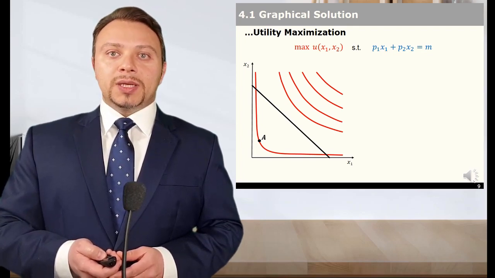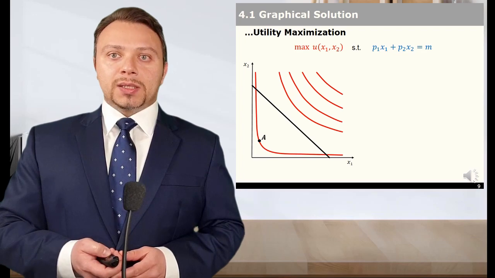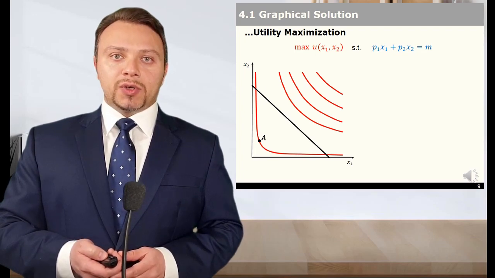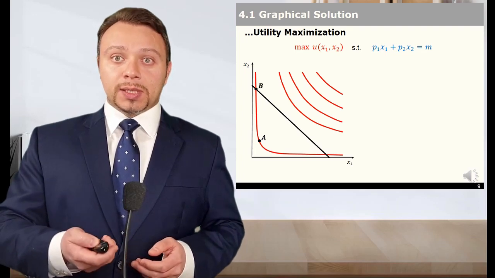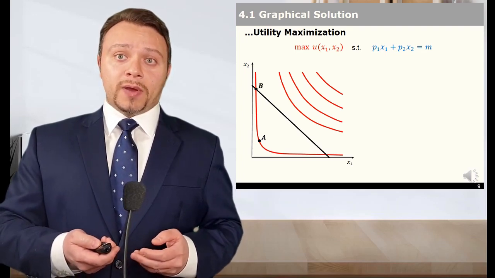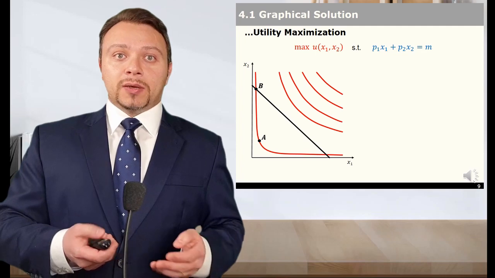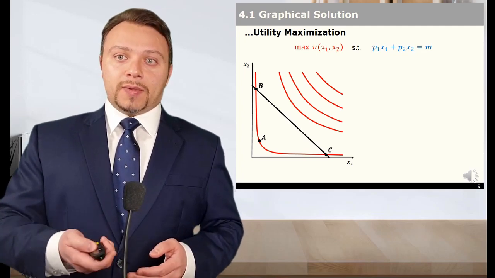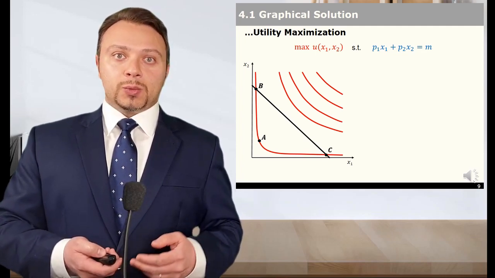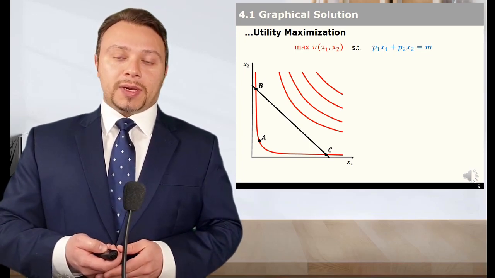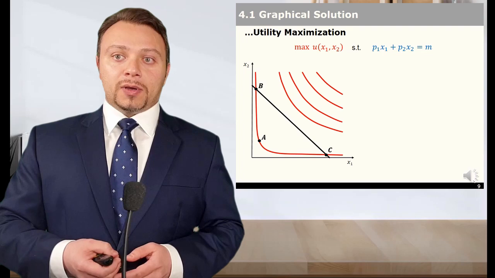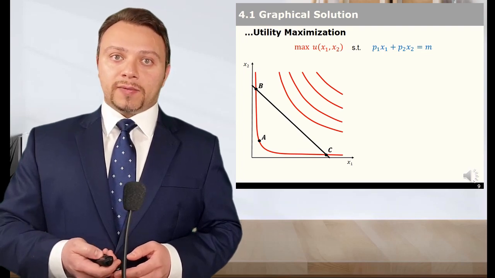In this point, he would be just as satisfied as dealing with an extremely uneven distribution of the orc army and the elf army. So for instance, in point B here, he would have a lot of elves, but a few orcs. And on the other hand, he would be as well off as before in point A and point B, with an army that consists of a lot of orcs and just a few elves.